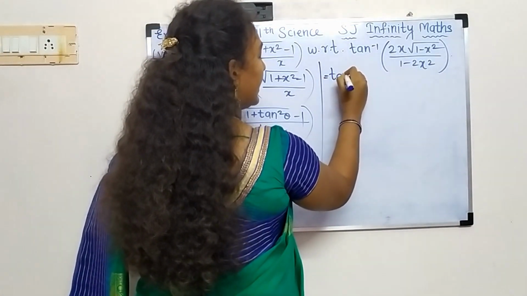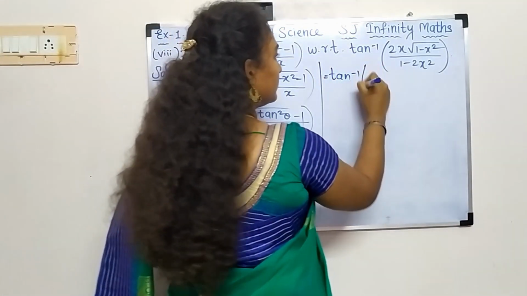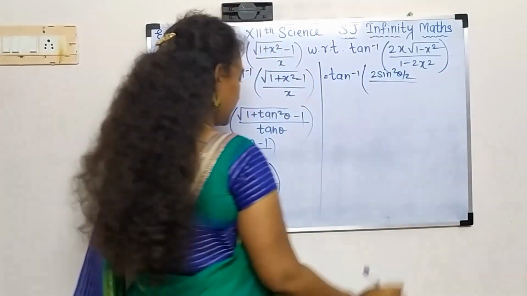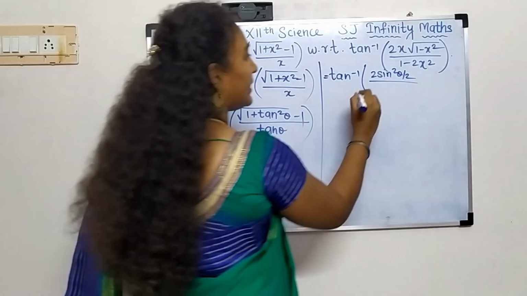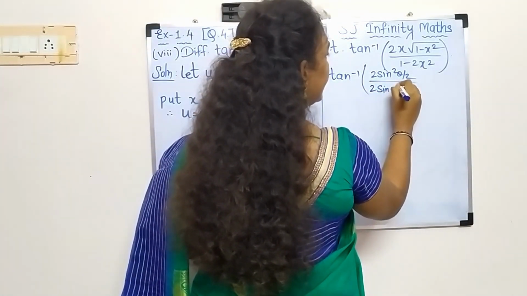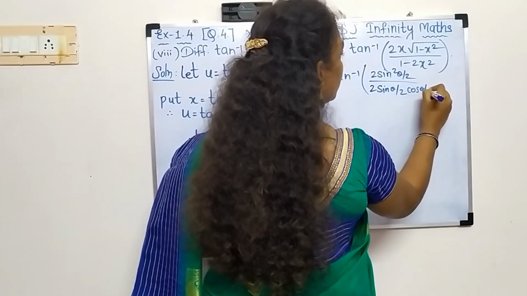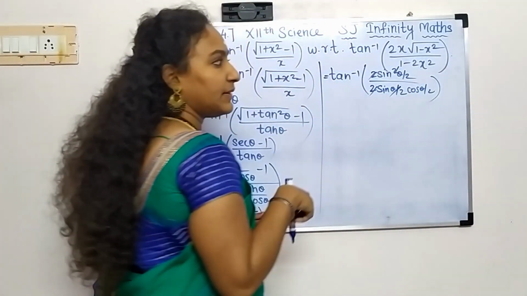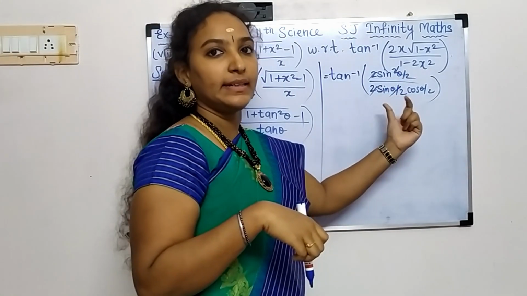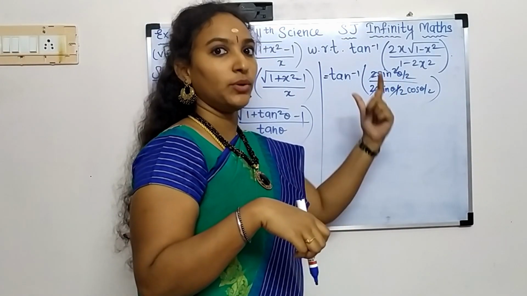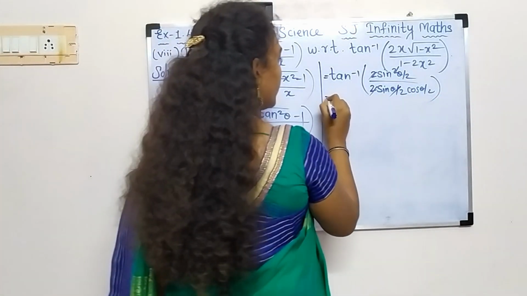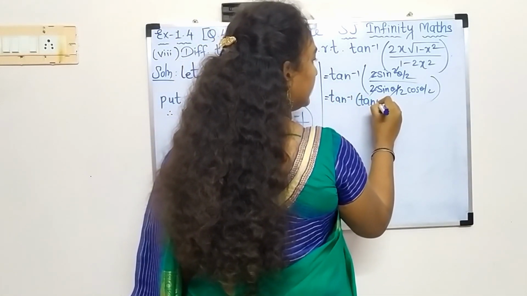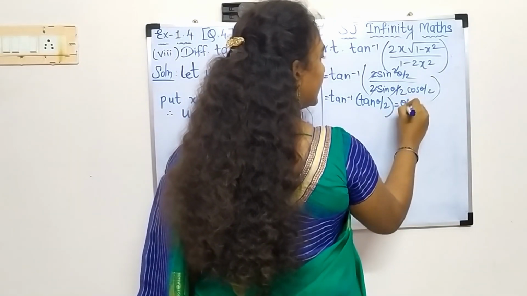So this is tan inverse 2 sin square theta by 2 upon sin theta, which can be written as 2 sin theta by 2 cos theta by 2. So 2 and 2 will get cancelled, sin theta will get cancelled. So we will get sin theta by 2 upon cos theta by 2, that is tan theta by 2. So this is tan inverse tan theta by 2 which is equal to theta by 2.